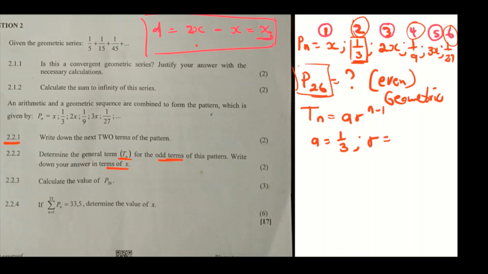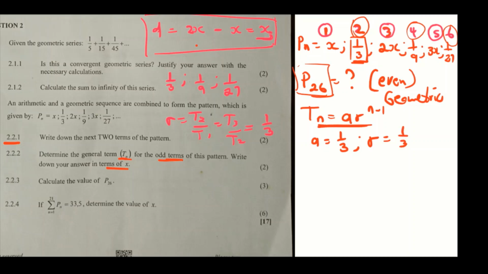Remember this is geometric, so let me just write the geometric here. We have 1 over 3, 1 over 9, 1 over 27. To find r, we say term number 2 over term number 1, or term number 3 over term number 2, and what you need to get is 1 over 3. 1 over 3 should be your r, so I'm just going to write down 1 over 3 here.